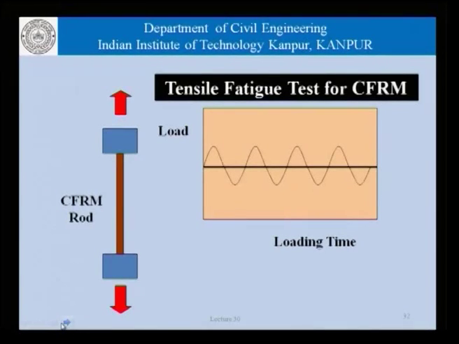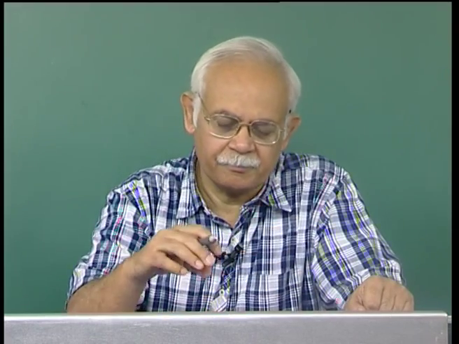Now, coming to tensile fatigue. Tensile fatigue means the load is varied. Here it is shown as sinusoidal, though it need not be sinusoidal, at a certain mean load level, ensuring that this entire region is still tensile. So, the material is not being unloaded completely, and within a certain band the load is being varied over a period of time.